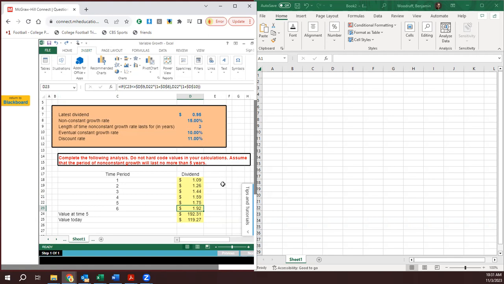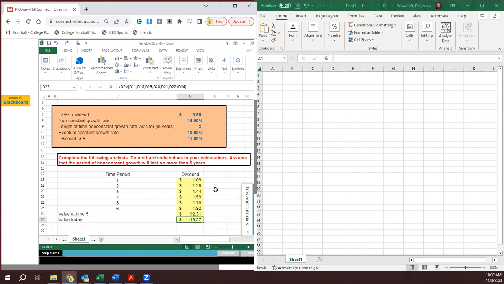Now, once we've completed that, the value at time 5, we know that if we have the dividend at time 6, we can calculate the value at time 5 by doing the Div 1 divided by R minus G. In this case, the Div 1 would be the time period 6 because we're calculating the value at time 5. And then the R minus G would be our discount rate minus what our constant growth rate is. And that gives us a value of the stock at time 5.